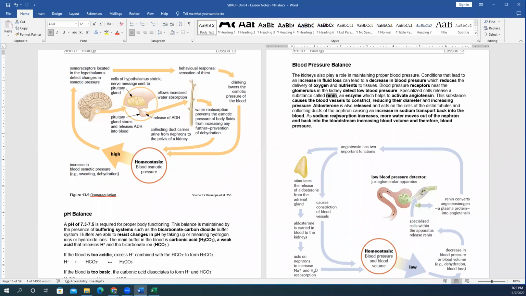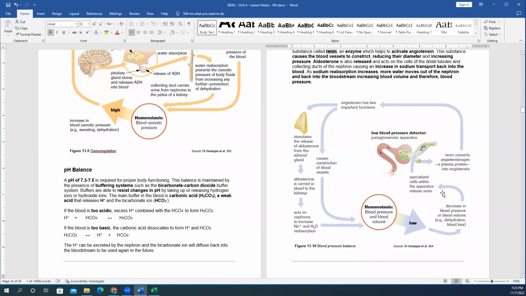And as sodium is reabsorbed back into the blood, more water will follow out of the nephron back into the blood as well. And this flowing of water back into the blood will help to increase the blood volume and therefore the blood pressure.